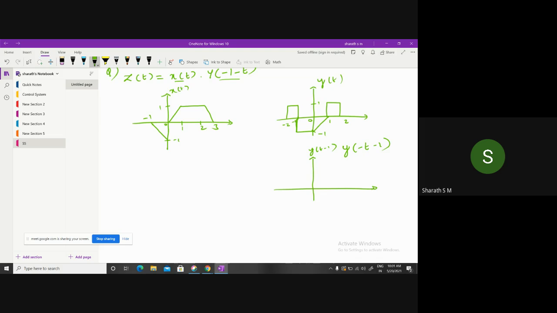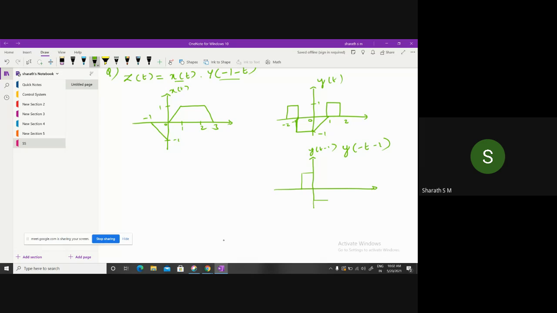So just write down the same signal. Here we have a rising slope, falling slope, as well as a rectangular pulse with the positive axis as well as with the negative axis. Write down the same signal. Here from minus 2 to minus 1 we have a pulse. So write that from minus 1 to 0 because we are shifting towards the right side. Then from minus 1 to 0 we have an amplitude level of minus 1, so that shifts to 0 to 1.